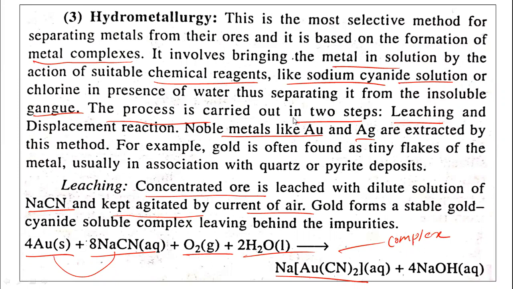Pyrometallurgy can be used for metals which have a very high melting point. Electrometallurgy can be used for very reactive metals like sodium, calcium, magnesium. And hydrometallurgy is used for metals like gold, silver, etc., where complex formation takes place.